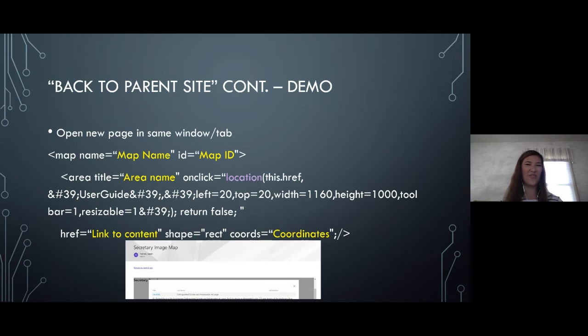Like I've said over and over, we want to avoid that. So this gives me the map name, the map ID, very similar to what we saw before. Instead of what we saw the very first time, which was window.open, and the second time it was show modal, the function we wrote, I have just location, so it just refreshes in the same window to that new page.